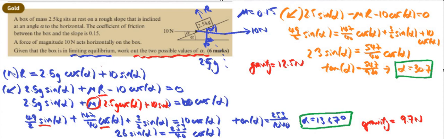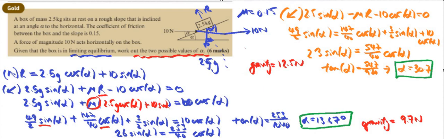Remember, this is limiting equilibrium. So basically gravity is increasing and it has to be offset by something. So if our friction was stopping it rolling in the direction of gravity, that means it would balance it.